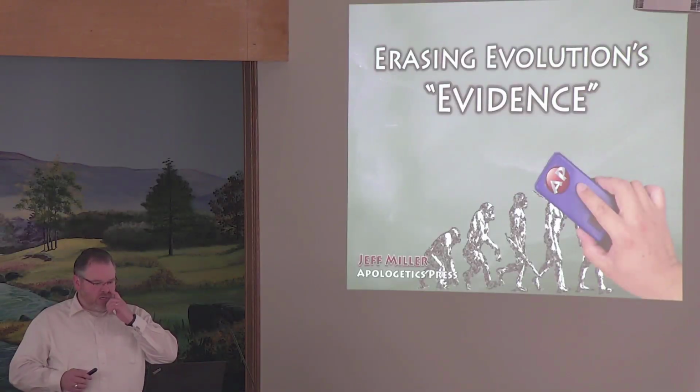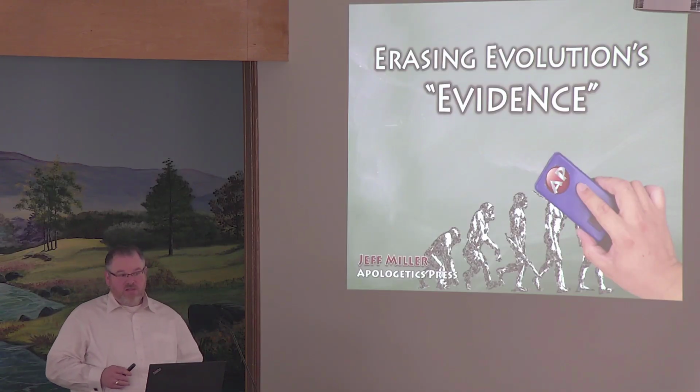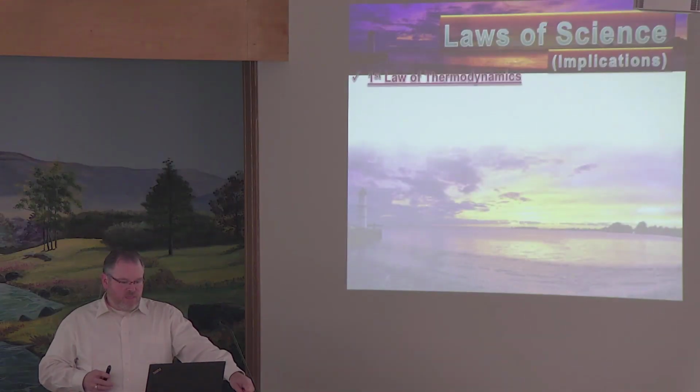But in order for an idea to even claim to be scientific and rational, it has to have scientific evidence in support of it. And evolutionists believe that they have that evidence in support of their theory that we want to start looking at in this session.